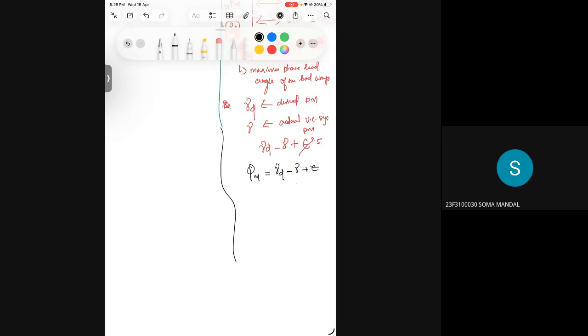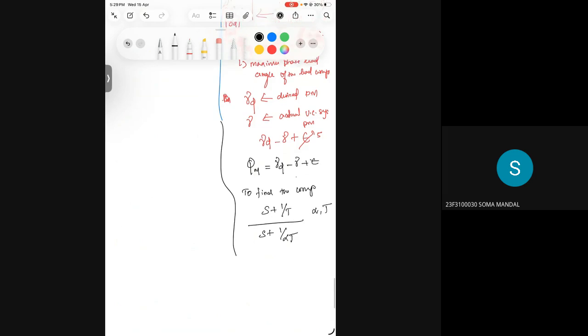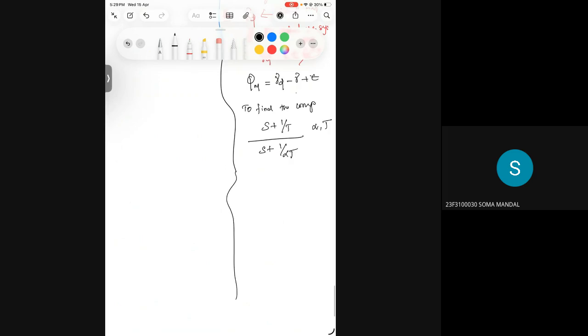Then to find the compensator, how does it look? It will look like 1 by s, s plus 1 by t over s plus 1 by alpha t. What are the unknowns here? Somehow you have to find this alpha and t, right? So you should know the formula and the relation between your system and this alpha and t.